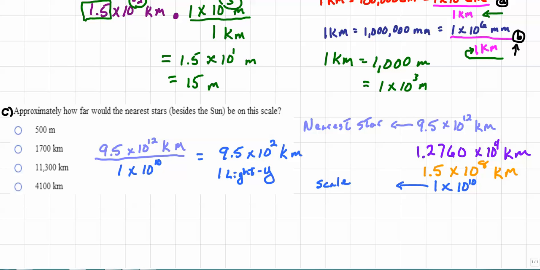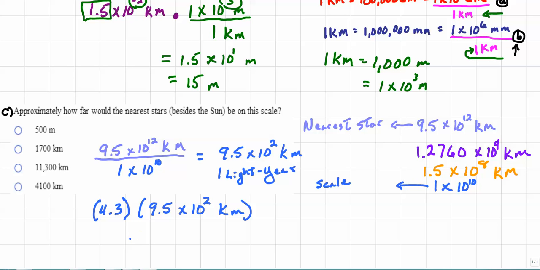Remember that the nearest star is 4.3 light years away. So we'll take the 4.3 and we will multiply that by 9.5 times 10 to the 2 kilometers.